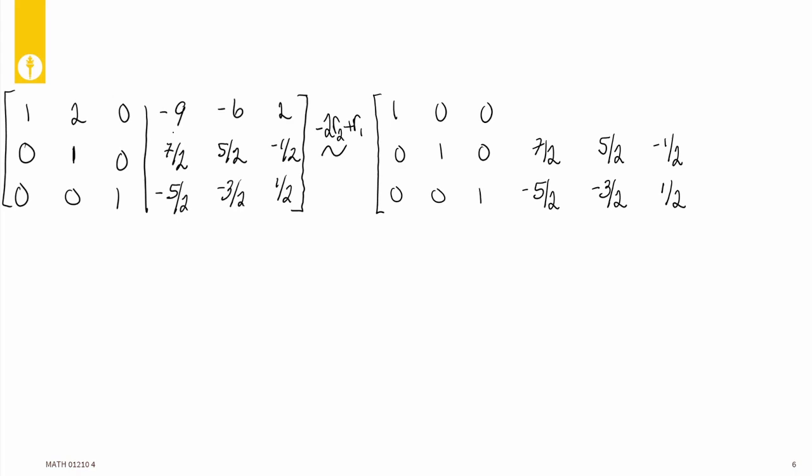So it's what? -7 minus 9. -5 minus 6. And 1 plus 2.